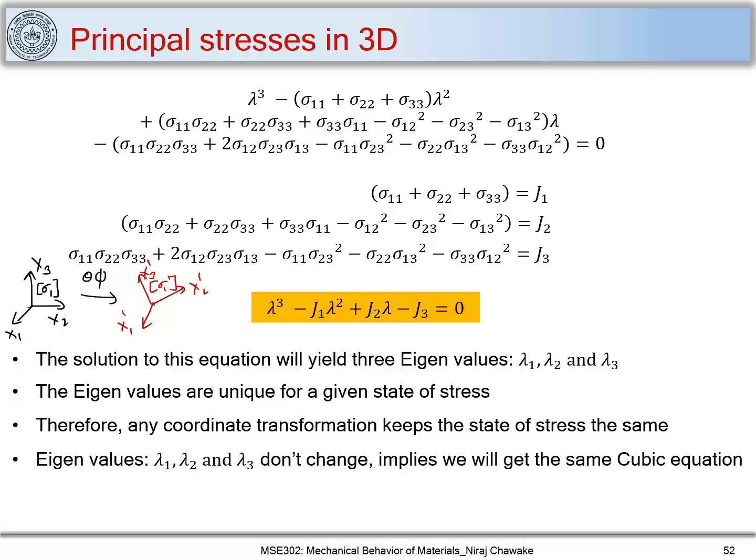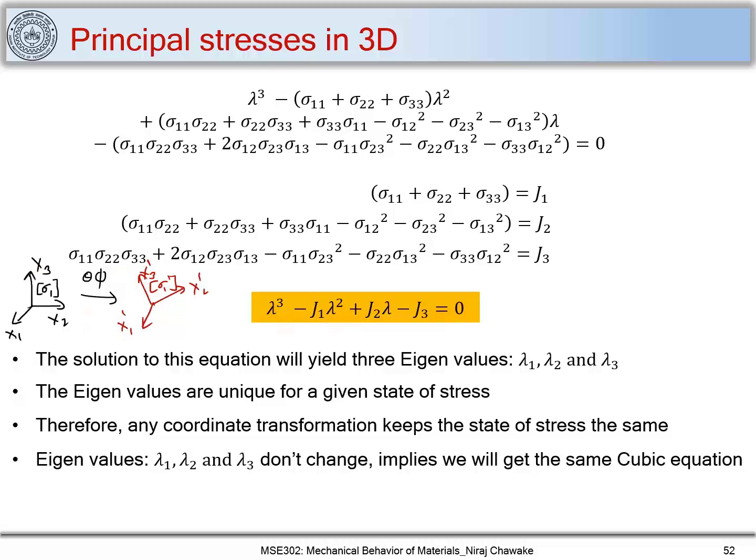What does this mean? Whether I take sigma 1 or sigma 1 dash, when I solve the determinant A minus lambda I to find the principal stresses, I will end up with the same equation. For that to hold irrespective of the coordinate transformation, J1, J2 and J3 should not change, isn't it? They should remain the same irrespective of the coordinate axes.